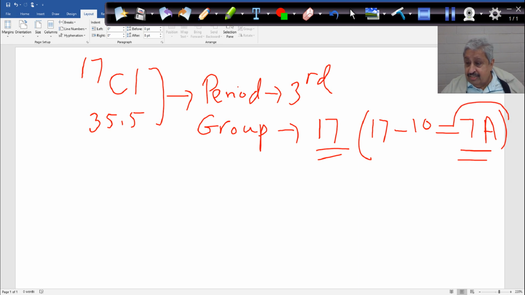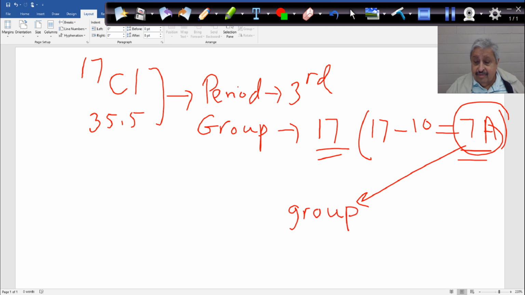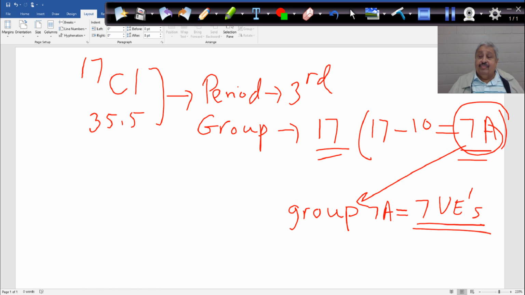So 7A will give me the group, correct? So group 7A, meaning I have 7 VEs. How many? 7 valence electrons, 7 VEs. And I have to accommodate how many? 17. And this is the third period.